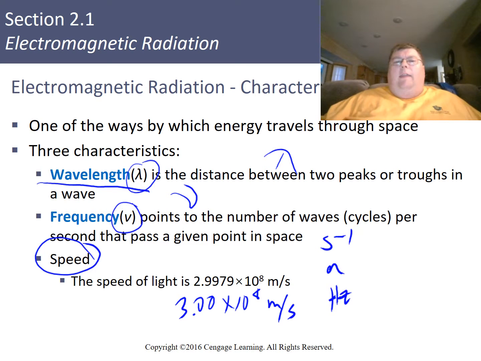Okay, and then the second is frequency. Now, that may look like a V, but it's actually the Greek letter nu. Frequency is the number of waves traveling by a given point over time. So it's number per second. So the units of frequency are inverse seconds, seconds to the minus 1, or they get a special unit called the hertz, Hz.